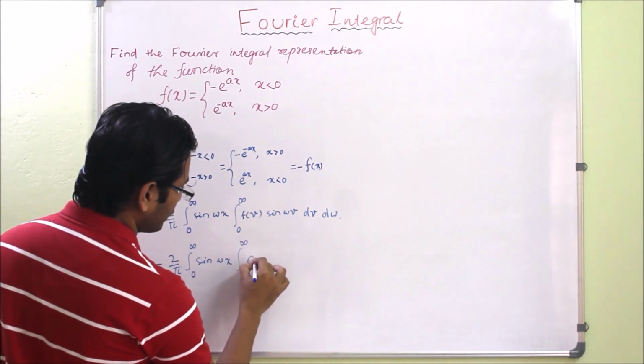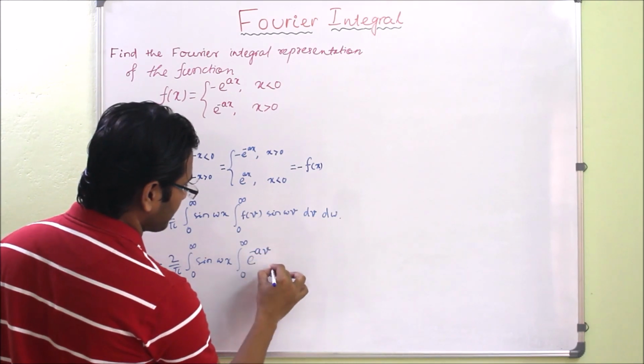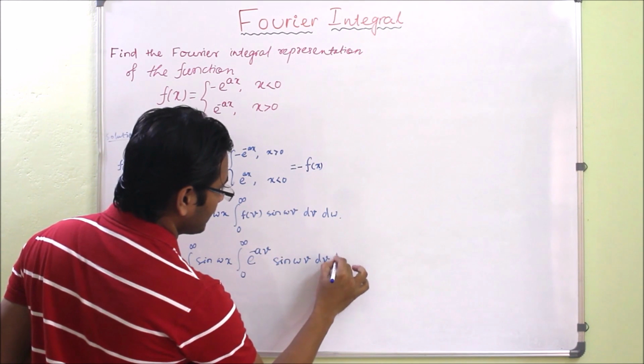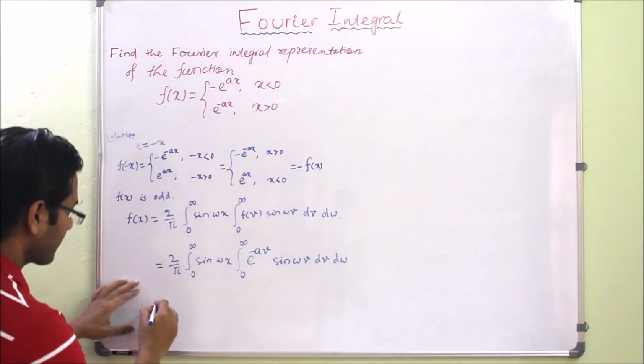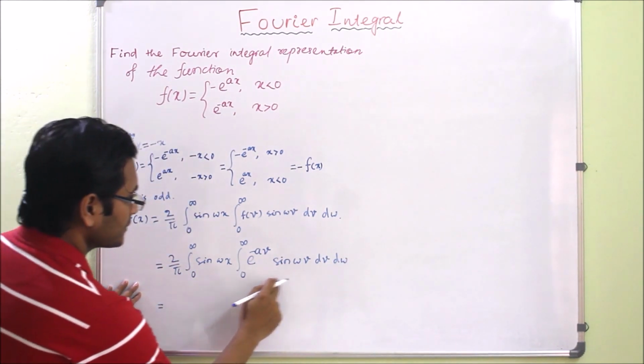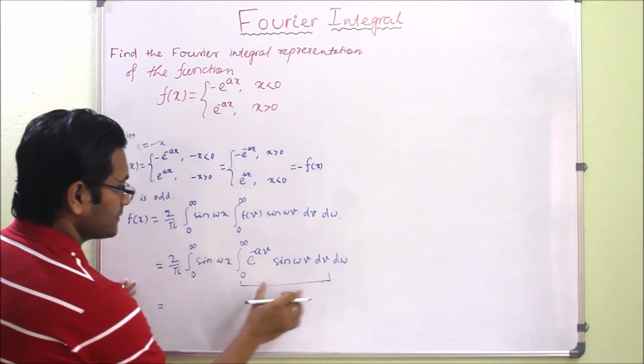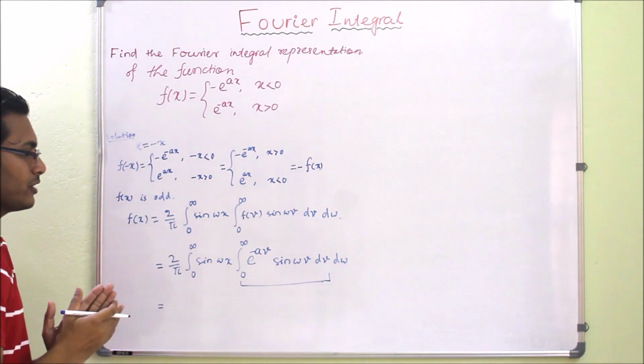So we'll have e to the power minus av sine wv dv dw. Clear? Now we will solve this. First we will solve the inner integral, then we will see the total integral.